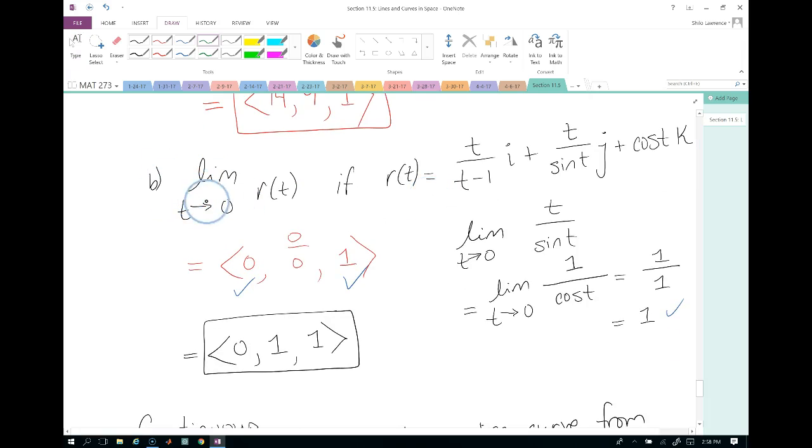However, when we did b, the limit as t approaches 0 for r of t, we were able to get answers easily with direct substitution for the x component and the z component, but we had to apply a special rule to get the answer for the y component, which means direct substitution did not work on the y component, which means this vector-valued function and its curve are not continuous.